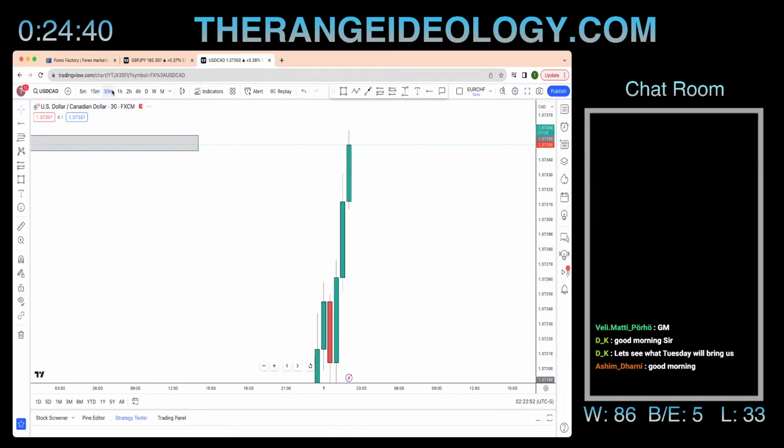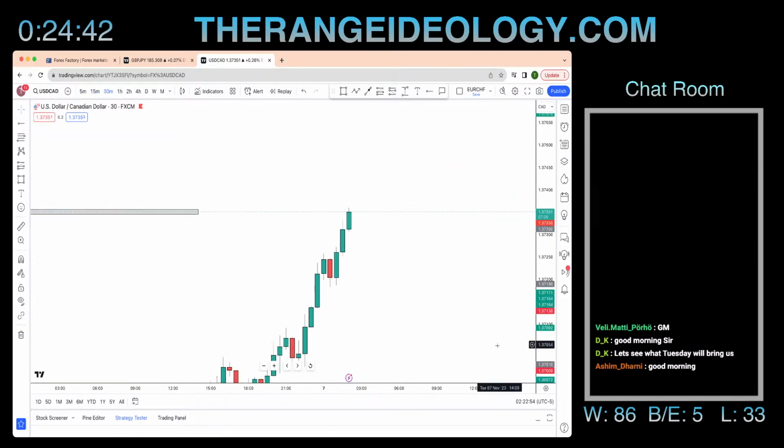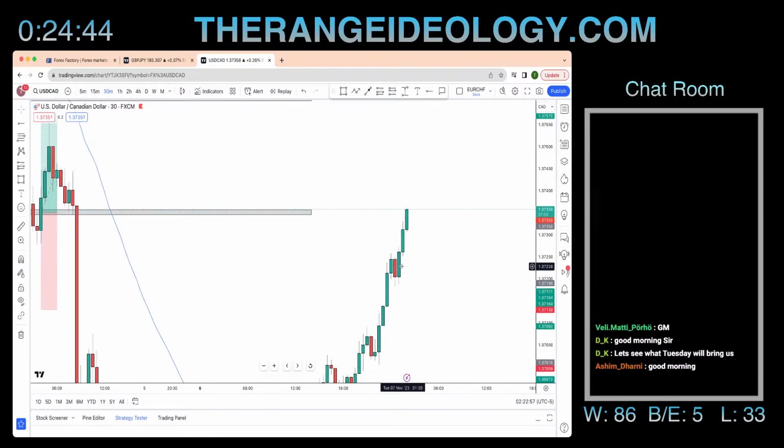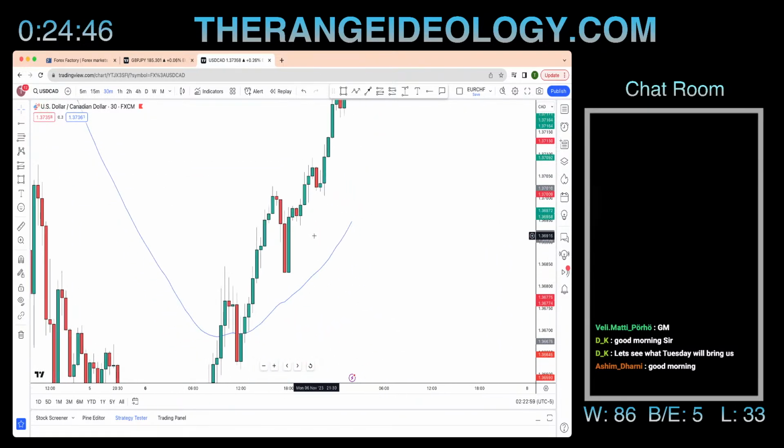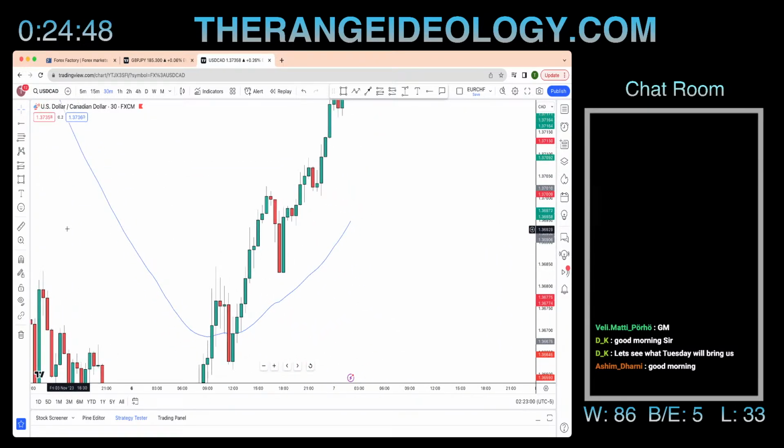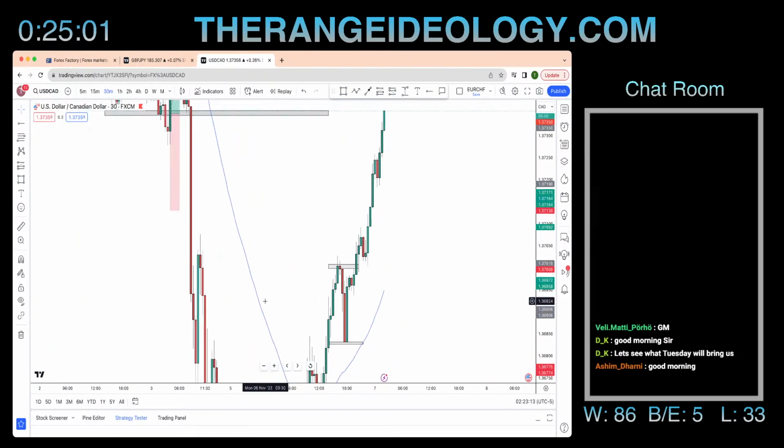I did mention in the beginning of the stream just some minutes ago that USD CAD is just breaking out of a smaller range. Every time it tries to form a smaller range, you can see right here as well, it just continues to break out. So it's not caught up in a range right now, so to speak.